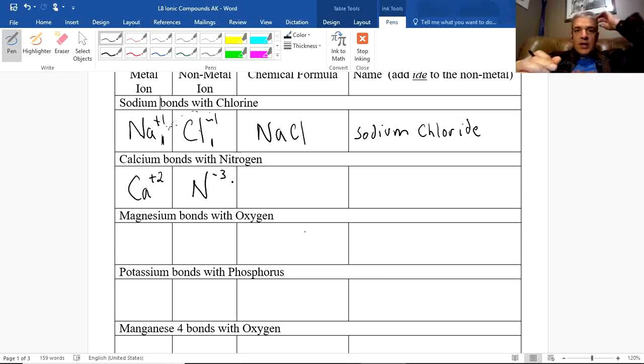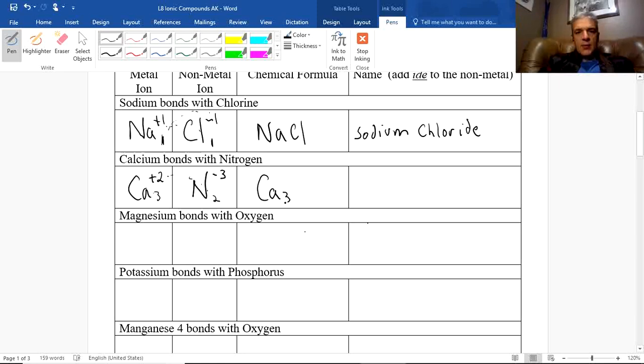Now we're going to use the crossover technique, okay? In both cases, we're not using ones, so the numbers are actually going to stay in place, which is good. I did a really easy 1, 1, 1, and now a little bit trickier one. So what happens is the 2 is going to go over to the nitrogen. And the -3 is going to bring a 3 over here. And so we're going to end up with Ca3N2.